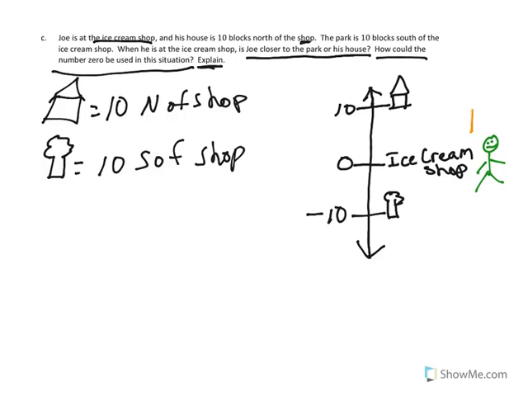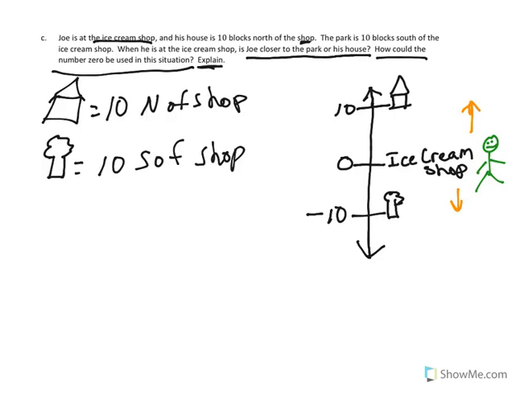Well, I know that north is positive in this case, and the park is 10 blocks south, and so in this case, south is negative. So, when he's at the ice cream shop, is he closer to the park or the house? Well, hopefully you realize that it's the same distance because they're both 10 blocks.